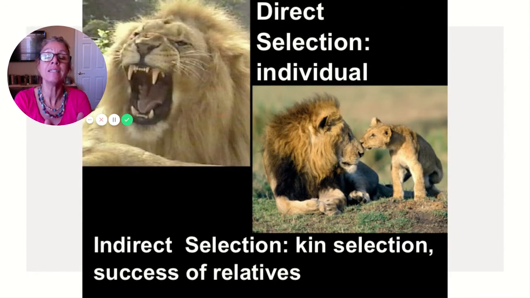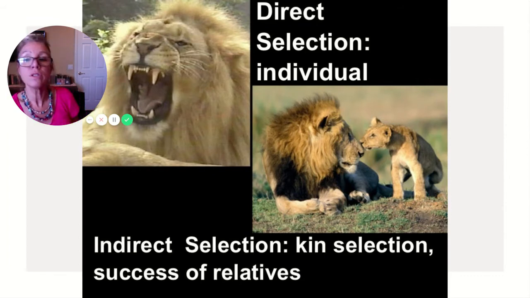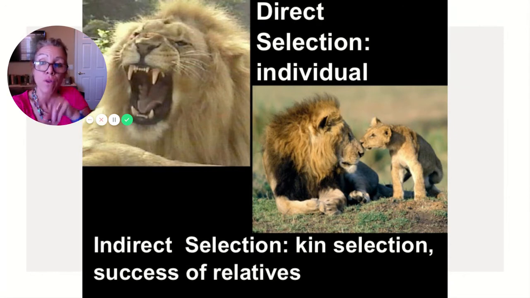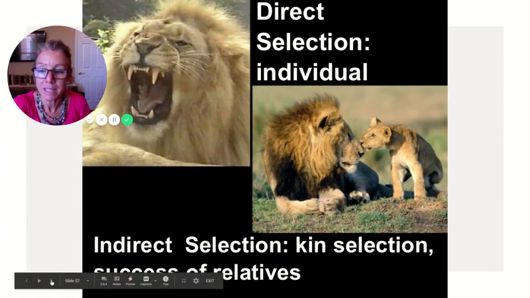He maintained his fitness by ensuring that his family survived. So on inclusive fitness, on your notes, genes can be passed on in two ways. Direct, and then it goes from parent to offspring, reproductive success of an individual, and indirect, a relative that reproduces, called kin selection, and you see this in bees.